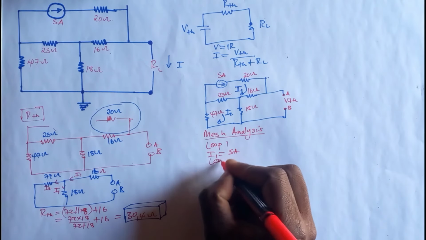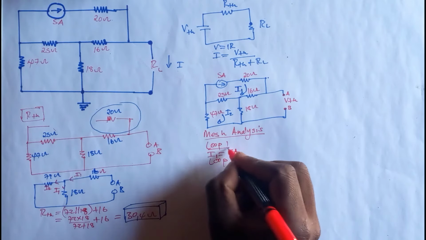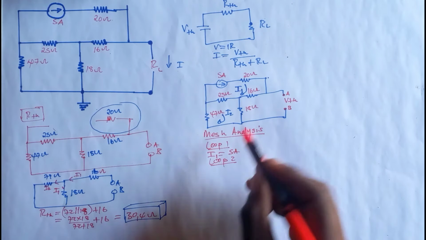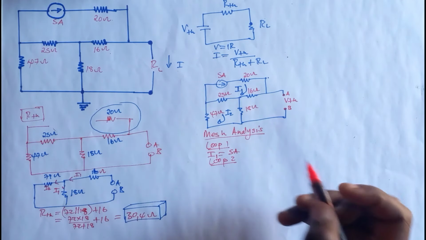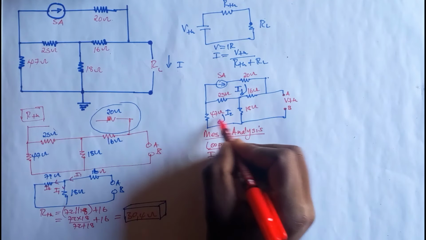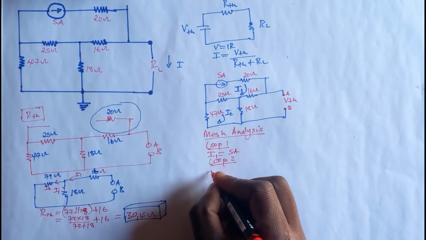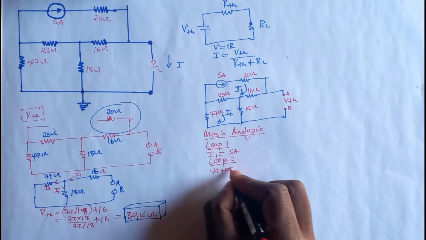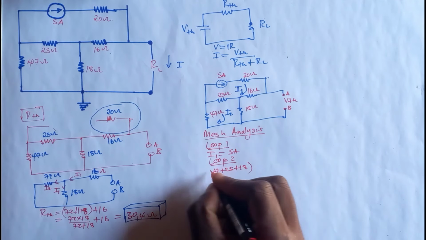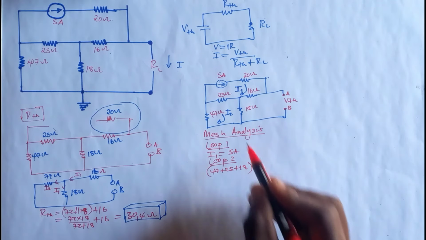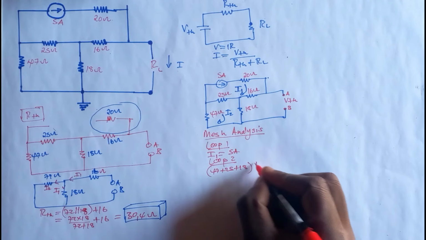Now using loop 2, I'm going to add all resistors found in loop 2: 47 plus 25 plus 18. I'm going to multiply that by the current in that loop, which is I2.